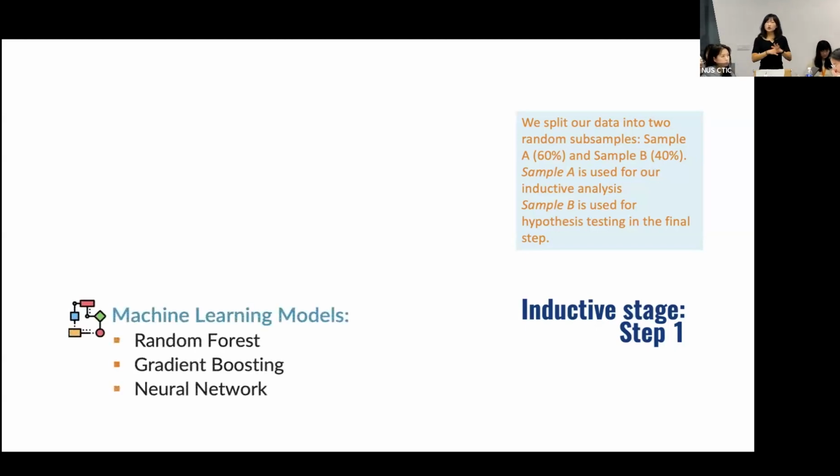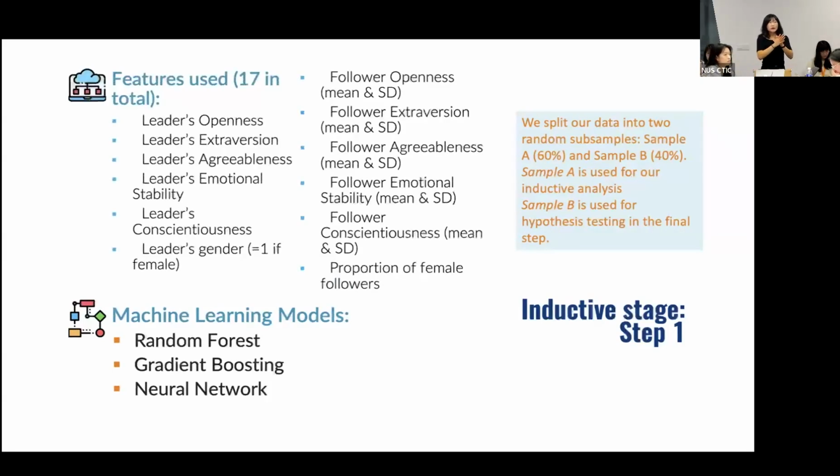To begin with, we used the major families of models: random forest, gradient boosting (we wouldn't say that entirely as a family model, but we applied it), and we also used neural network on sample A. Everything that you saw before was inputted to the model, including not just the mean, but also the standard deviation.